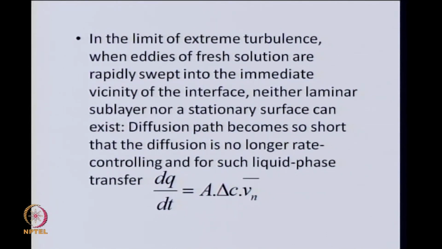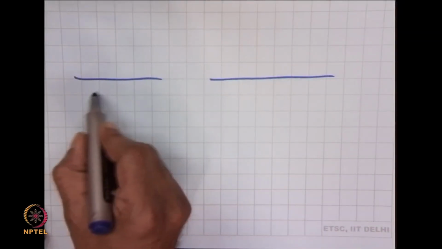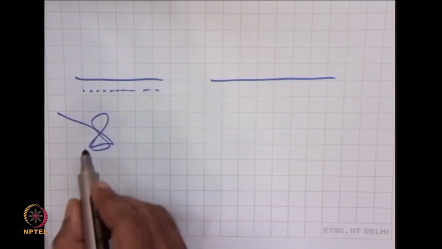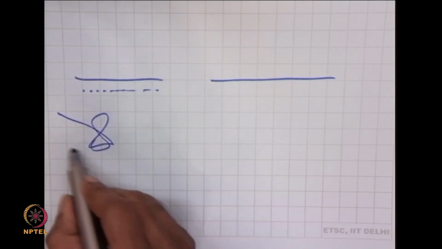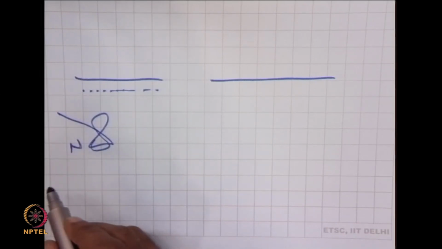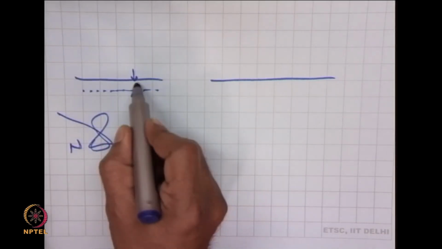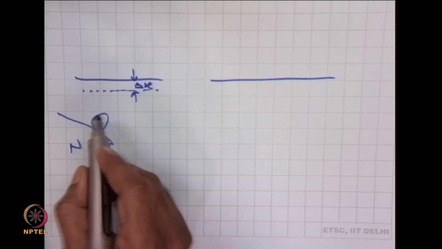Now, take a slightly different point of view. This is one case, let me illustrate this. Let us say our conditions are such that in one case we have the mixing occurring with the help of this stirrer with the RPM n, and there is this delta x thickness which can be regarded as stagnant.